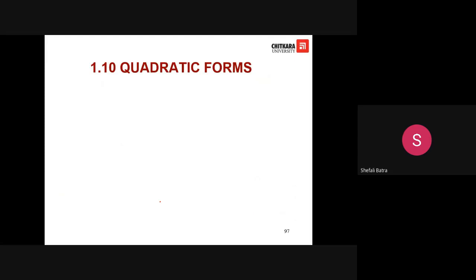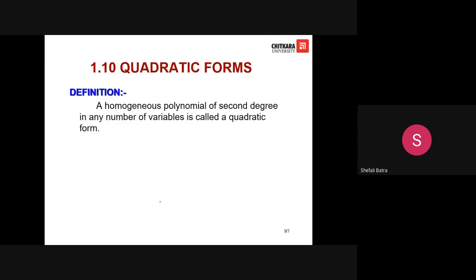Now, come to the quadratic forms. A homogeneous polynomial of second degree in any number of variables is called a quadratic form.